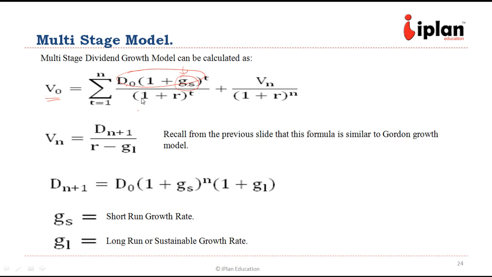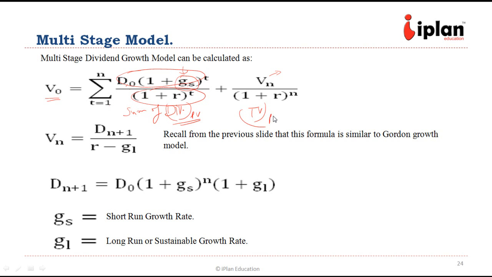So this is the sum of dividends at present value. Then we have Vn, which is the terminal value of the stock at a point after which it is going to have a constant growth, and that terminal value is discounted to present value.